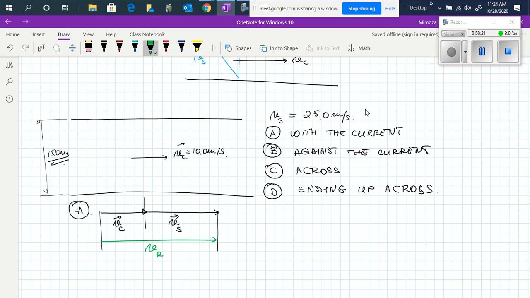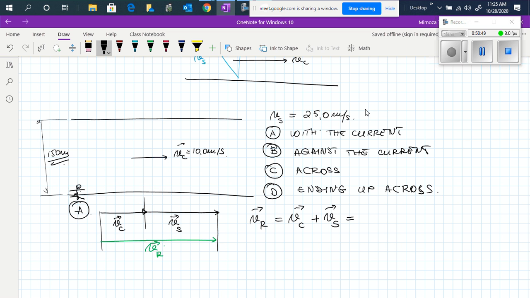The velocity that the observer sees, the observer being here at the shore of the river, is this one here. Always we start solving it using the fact that the resultant velocity is the velocity of the current plus the velocity of the swimmer.